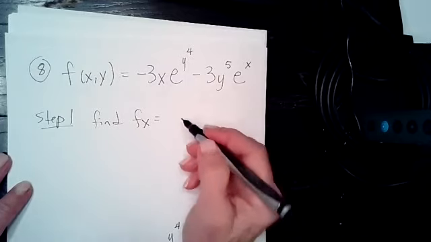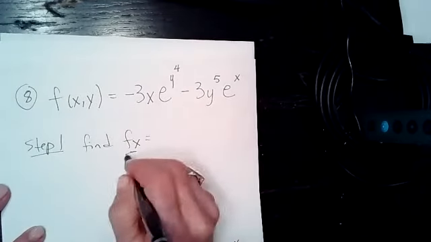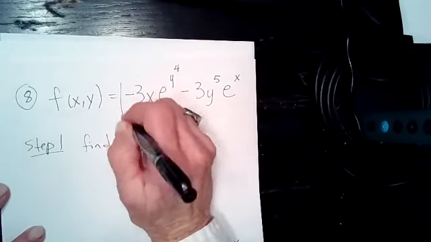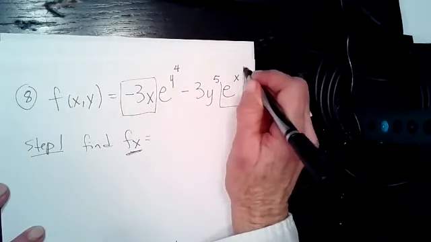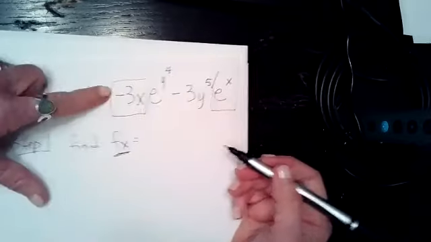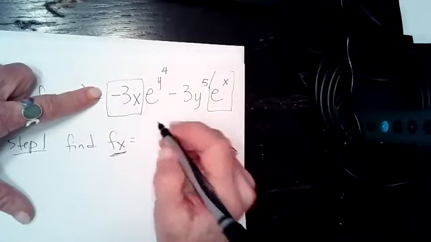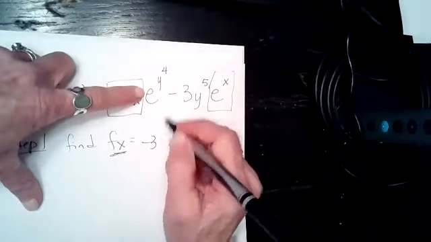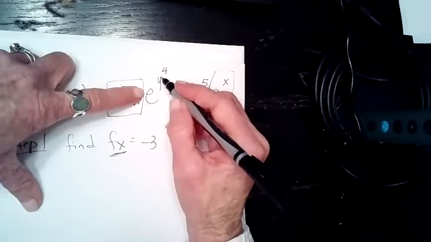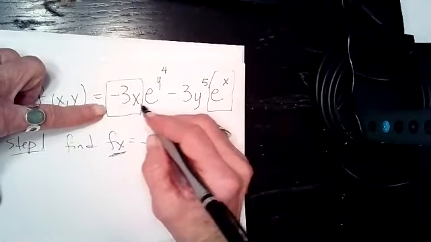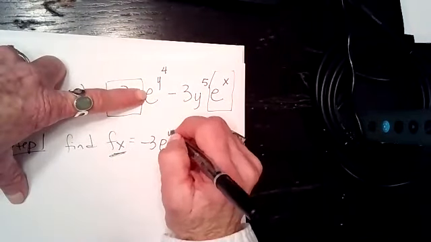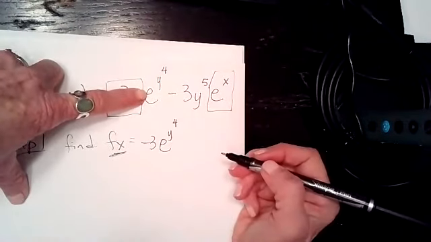Okay, so the derivative with respect to x. When I'm taking the derivative with respect to x, this is me going, okay, this is an x term and this is an x term, right? And so it's the derivative of the x term times the y term, and the y term happens to be in the e. You can't disconnect them, so it's just the derivative of the x term is negative 3, and it's e to the y to the fourth, okay?